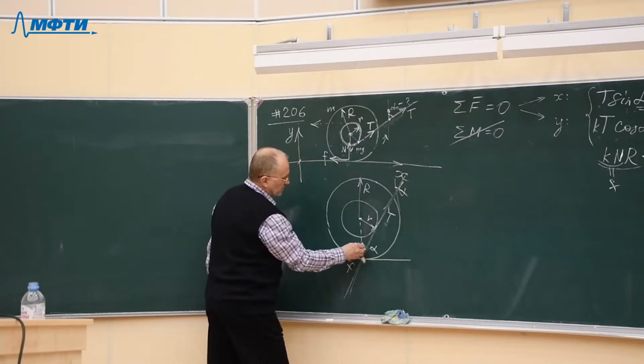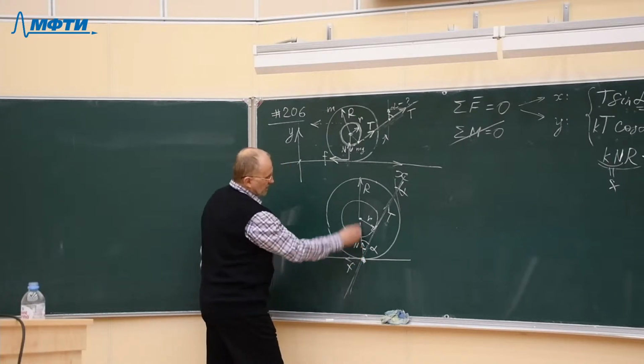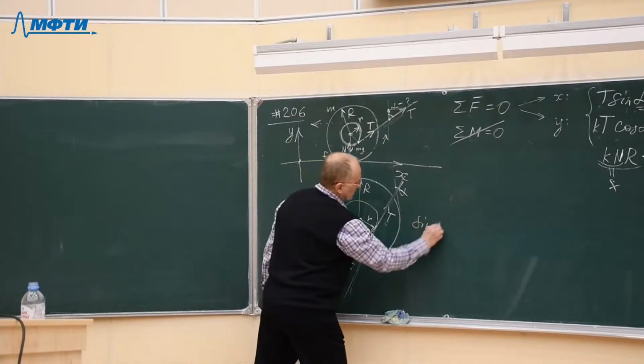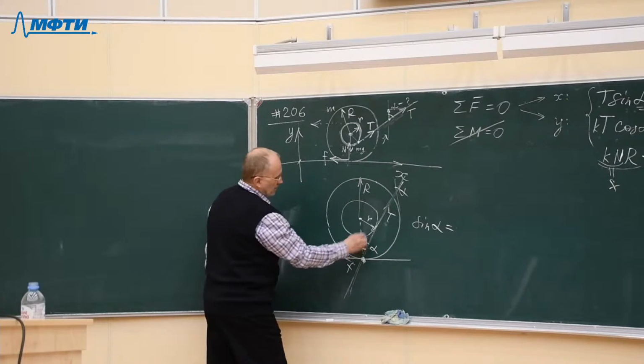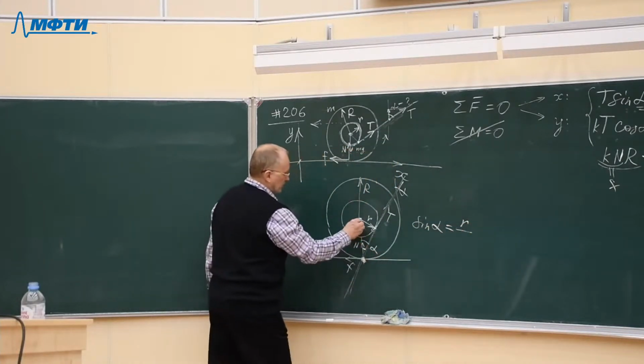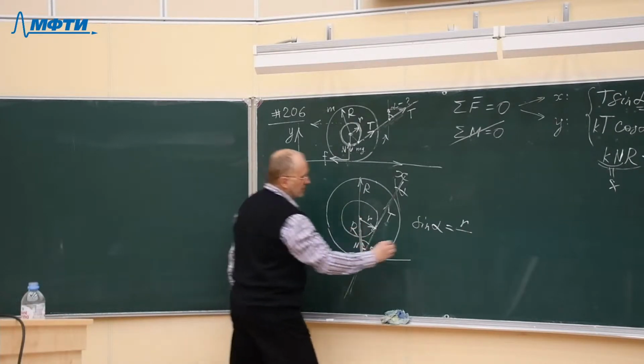We have to find this angle alpha. And we can easily see that sine alpha is the opposite leg to this capital R, to this large radius.